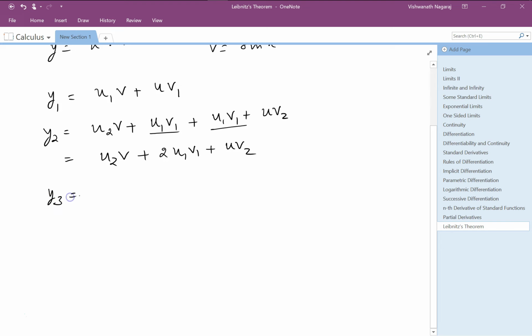Let's look at the third derivative, u3v plus u2v1 plus u2v1 plus u1 v2 plus u1 v2 plus u v3.